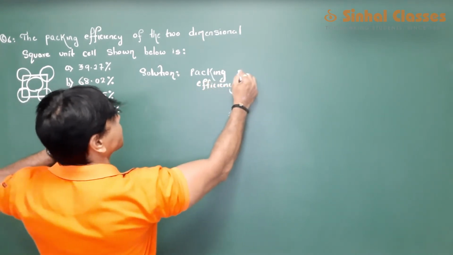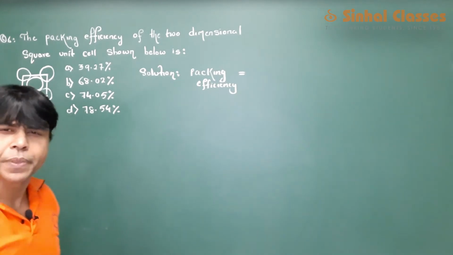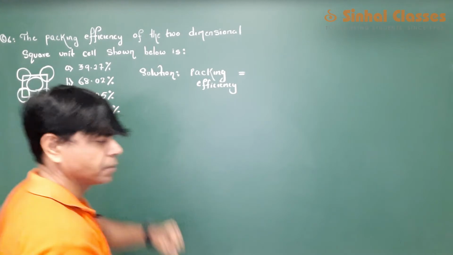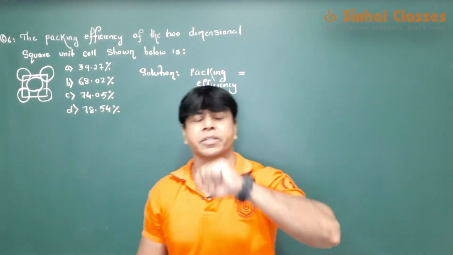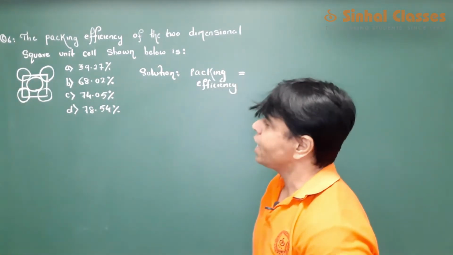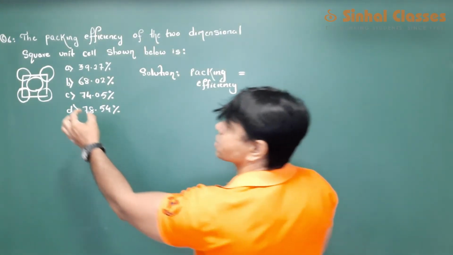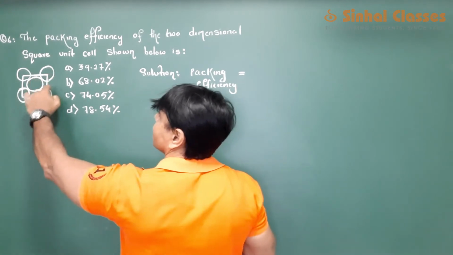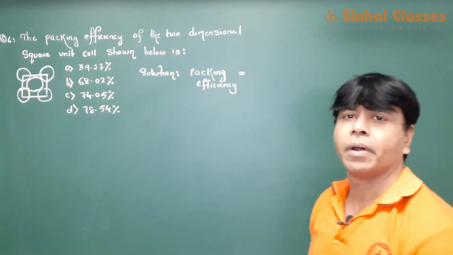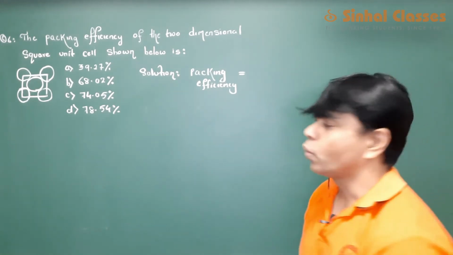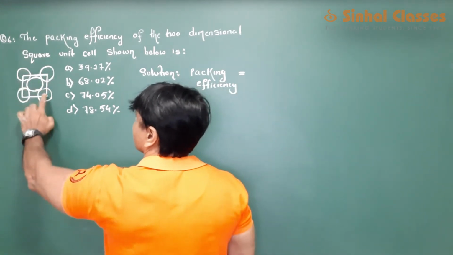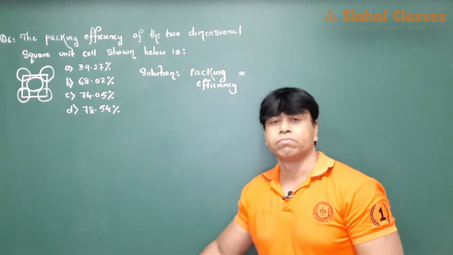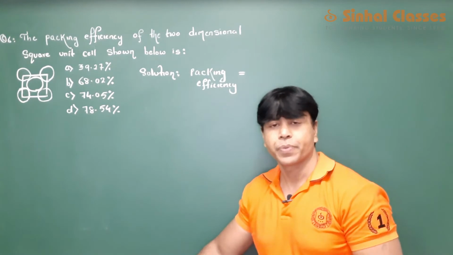In this case, the packing efficiency will be, as you can see, 1, 2, 3, 4, 5. There are 5 circles. And out of that, one circle is totally lying inside the square structure, whereas a remaining circle, 4 of them, their contribution is 1/4 each one.